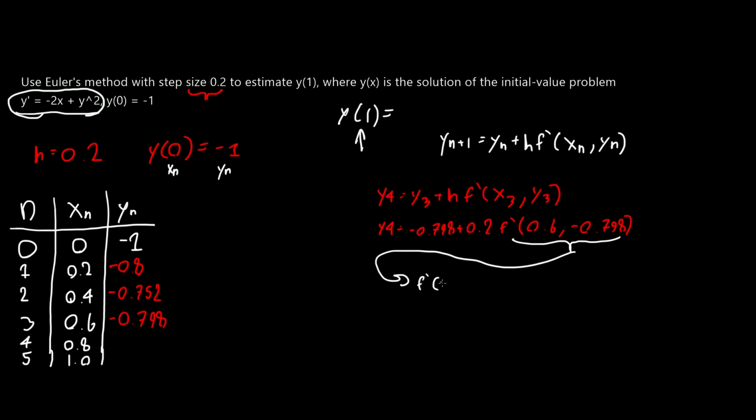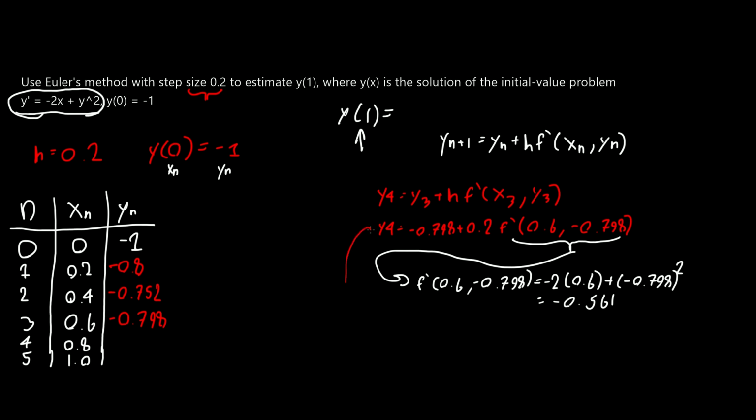So f prime of 0.6 comma negative 0.798 will equal negative 2x, and x is 0.6, plus y squared, and y is negative 0.798, and then squared. And now this will be approximately negative 0.561.